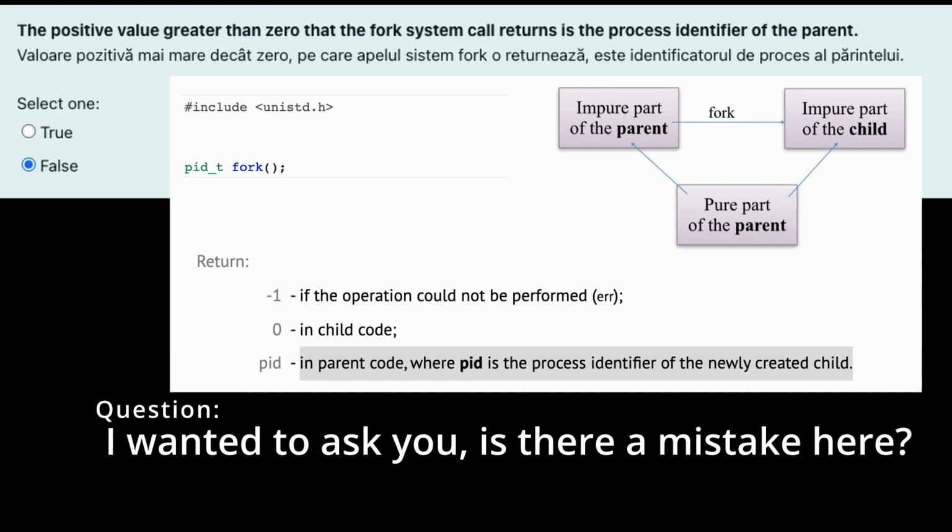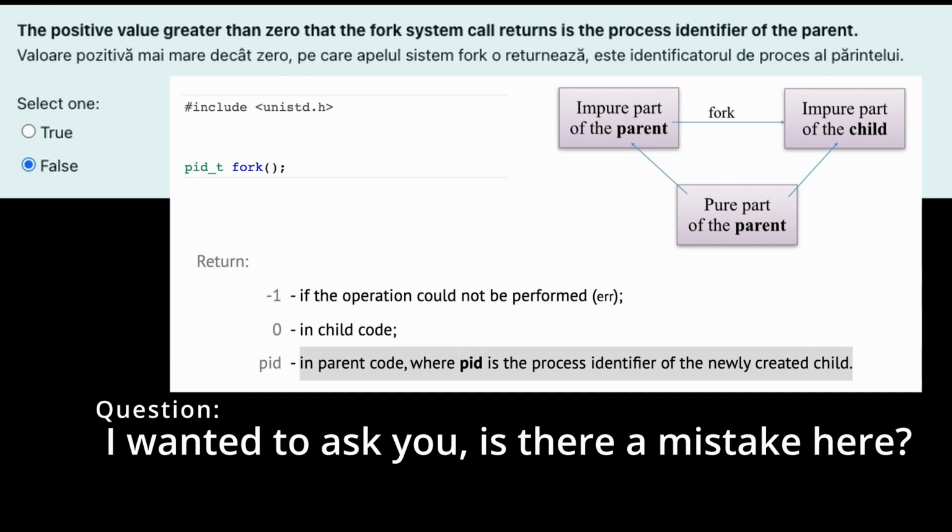-1 when there is an error, a new process cannot be created. And then we have two processes, and in each of those processes, fork returns a different value. When we are in the child process, in the process that was created, the fork returns 0.